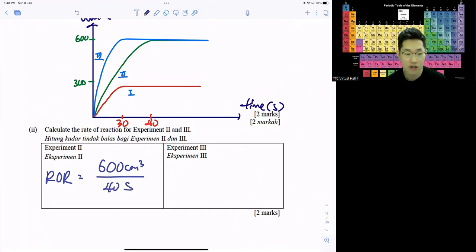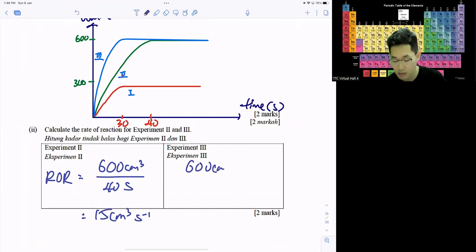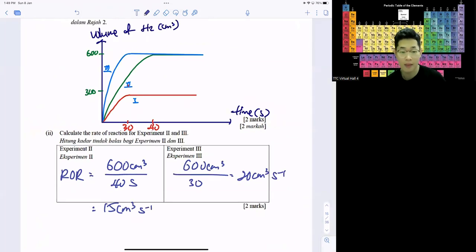So 600 divided by 40, I get 15 cm³ per second. As for experiment 3, 600 cm³ divided by 30 seconds, I get 20 cm³ per second. Just like that. So you must know how to calculate rate of reaction.